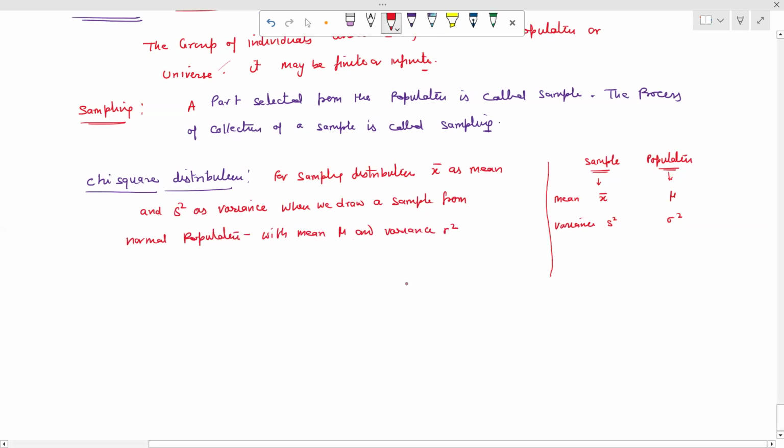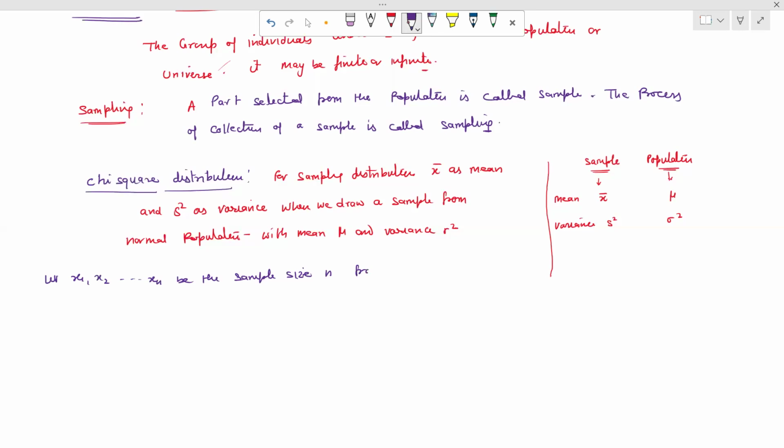So now we write, let x1, x2, ..., xn be a sample of size n from the normal population.